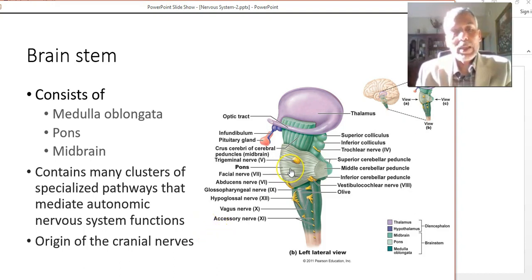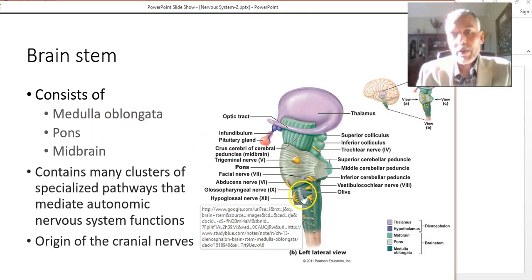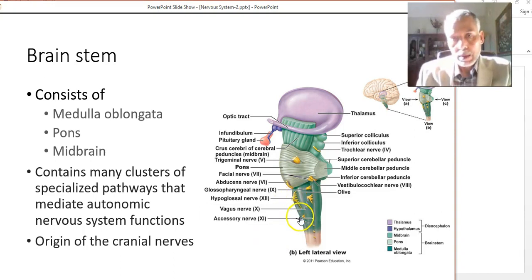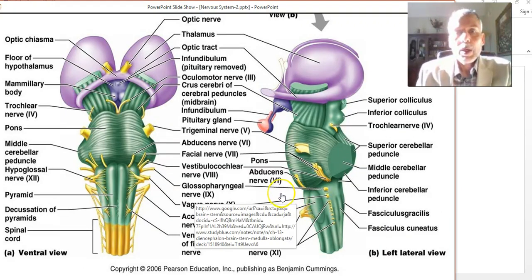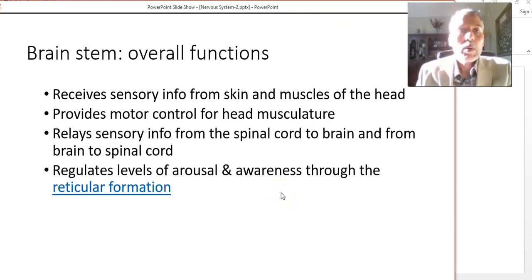So the brainstem generally is responsible for autonomic nervous system functions. We are going to look at the general functions, and then we'll look at the major functions of each part. So first, overall functions.